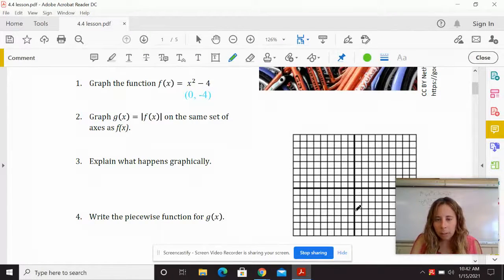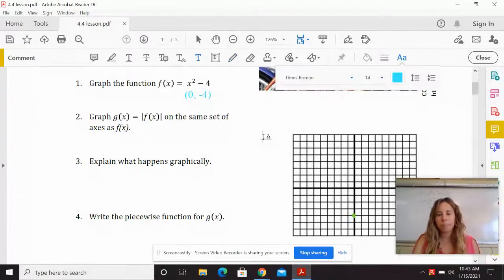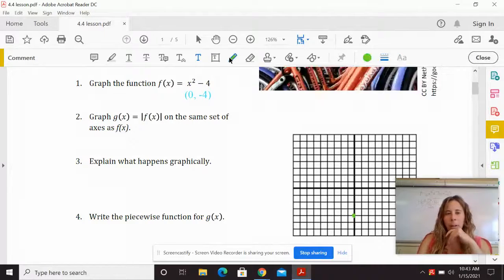0, 1, 2, 3, 4. Then it's a normal parabola, so you can just follow the 1, 3, 5 pattern. That means you go up 1 over 1 on both sides. Then up 3, over 1 on both sides, and then up 5, over 1.